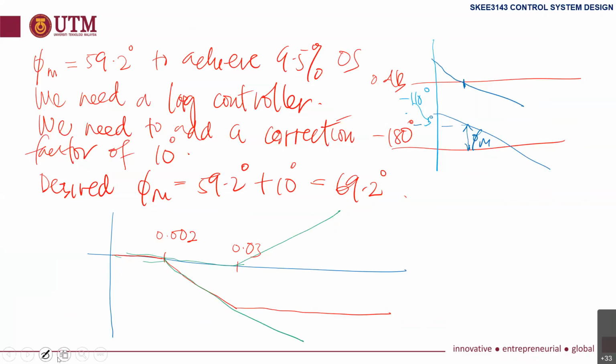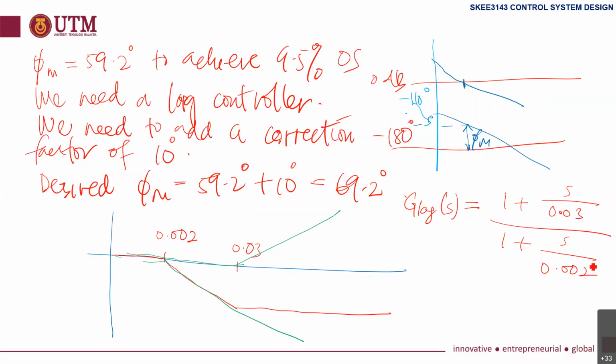So finally, we can write the transfer function G. The numerator is 1 over S over 0.03 divided by 1 over S, 1 plus S over 0.002.